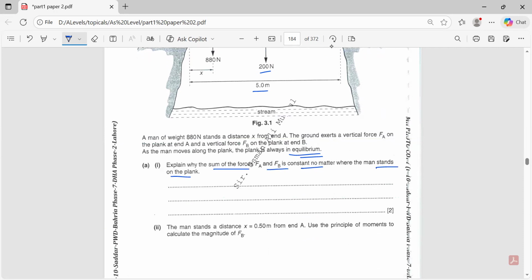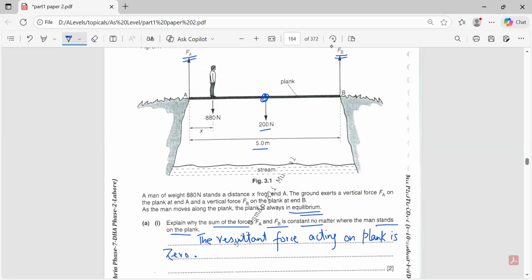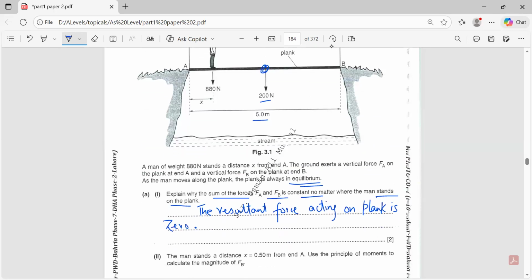You are going to answer it using the resultant force, because the plank is in equilibrium. Whenever a body is in equilibrium, the resultant force acting on the body, the resultant force acting on the plank, is 0. So the sum of upward forces will be equal to the sum of downward forces.